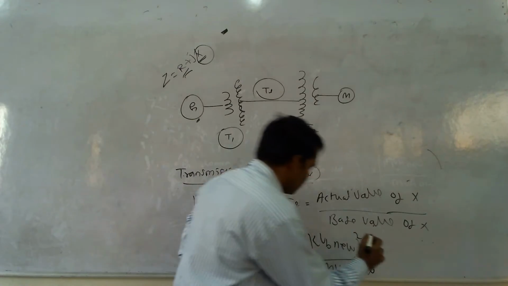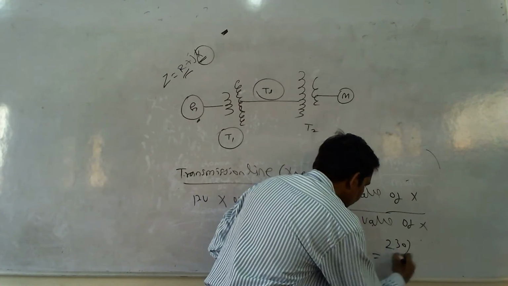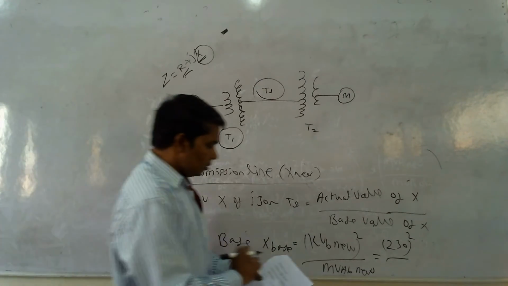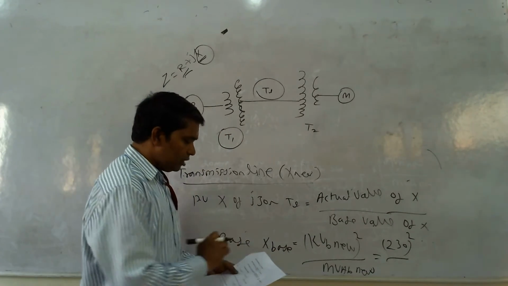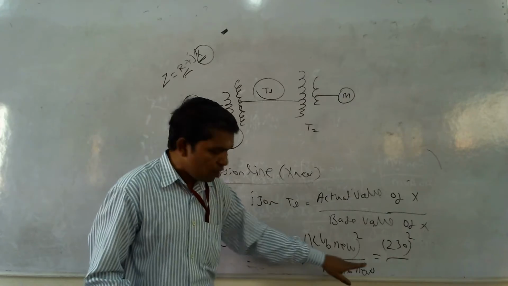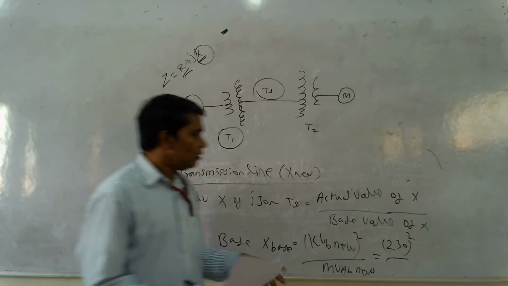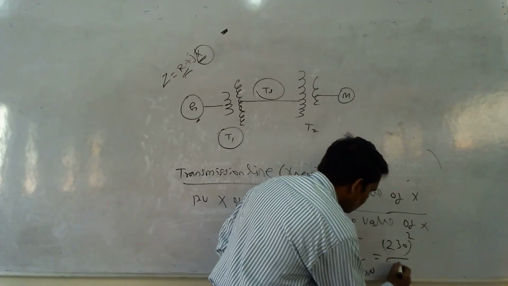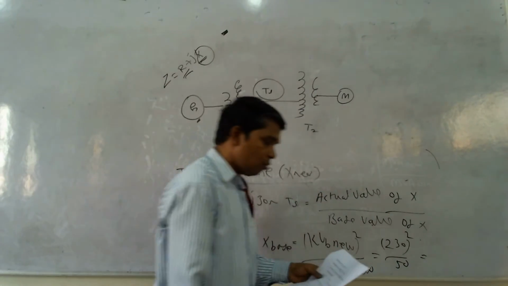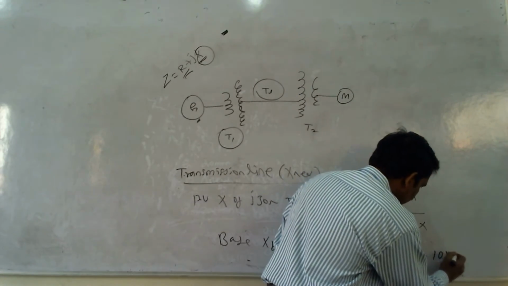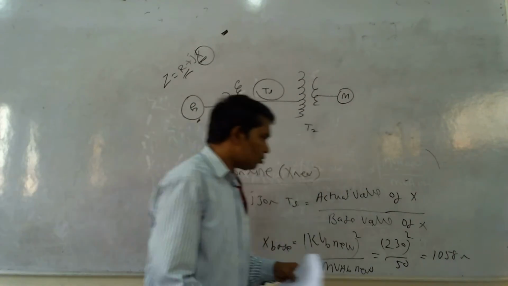So 230 whole square divided by the new megavolt ampere base value, which is always 50, because once taken it has to be kept permanent. So the base value in ohm we get is 1058 ohm. Right? 1058 ohm.